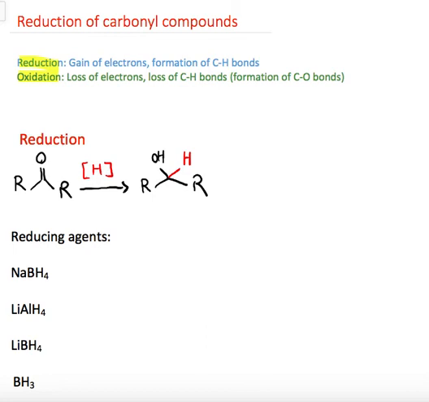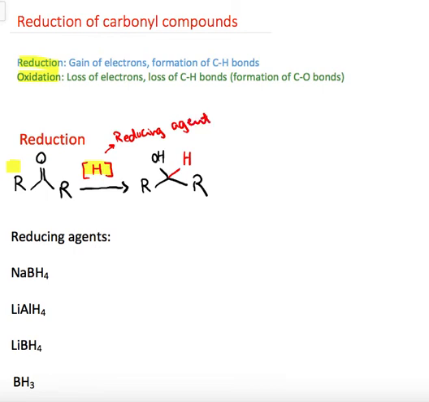So let's talk specifically about reduction of carbonyl compounds, and here is the general reaction where this hydrogen represents a reducing agent. So let me just write that here. This is our reducing agent.